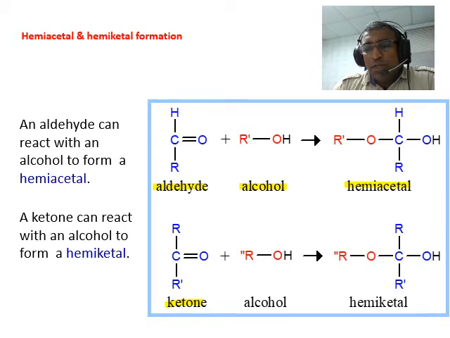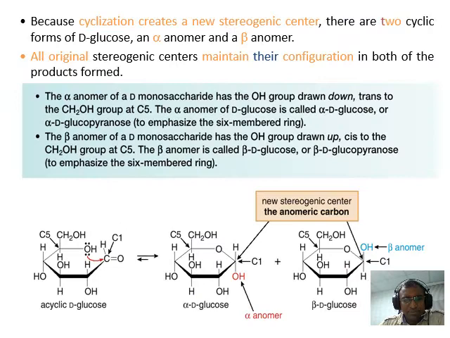Both the hemiacetal as well as the hemiketal will form a stereogenic center, whereby the carbon is linked to 4 different groups. Although this is oxygen, it is actually considering both together as one different group.